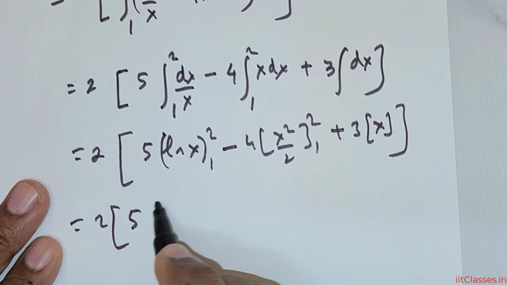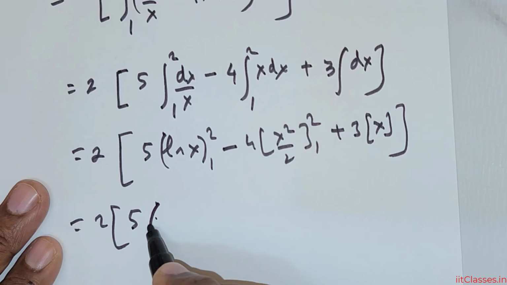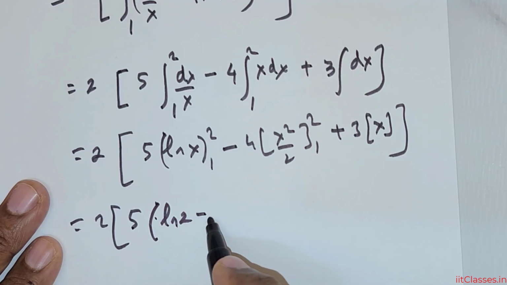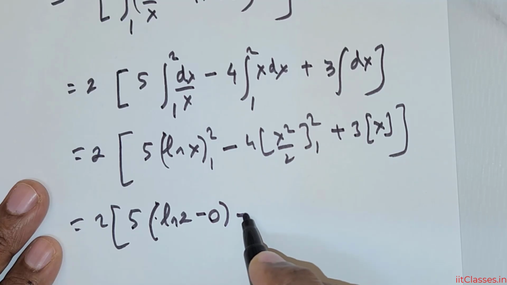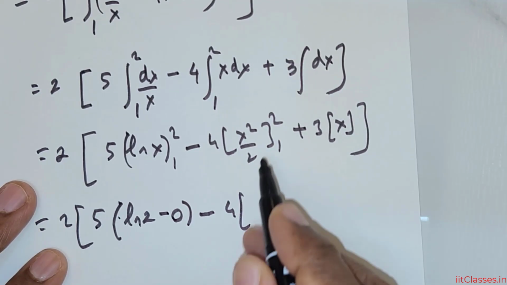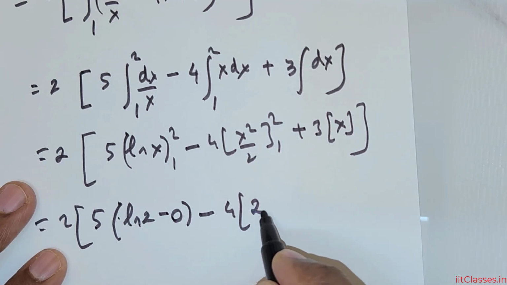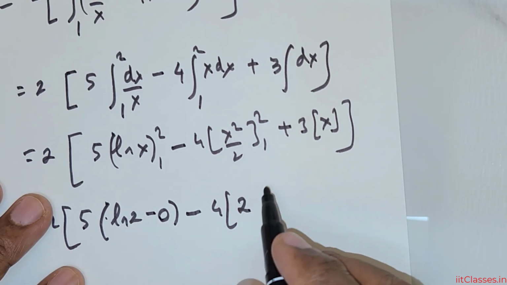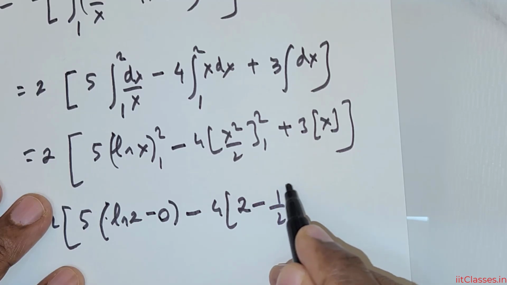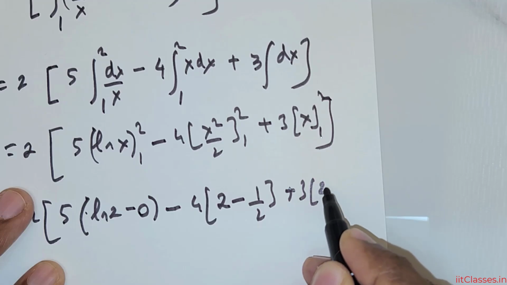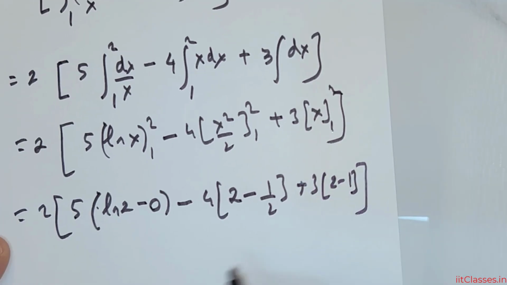So this is 5 times, upper limit is 2, lower limit is 1, that's going to be 0. Minus 4 times, upper limit is 2 squared, 4 divided by 2 will give you 2, and lower limit is 1, followed by 1 over 2. Plus 3, limits 1 to 2, upper limit is 2, lower limit is 1.